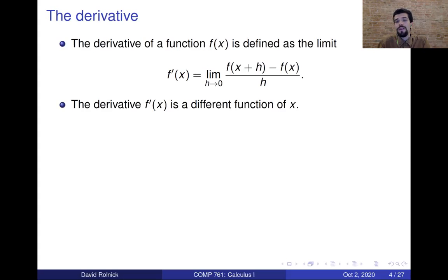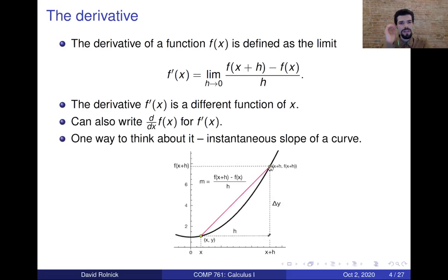So this is a definition of a new function based upon f(x). And importantly, there's that weird limit in there. So let's take a look at what that means. And just another way to write this is d/dx of f(x). So these are all ways to write the derivative of f(x): f' or d/dx.